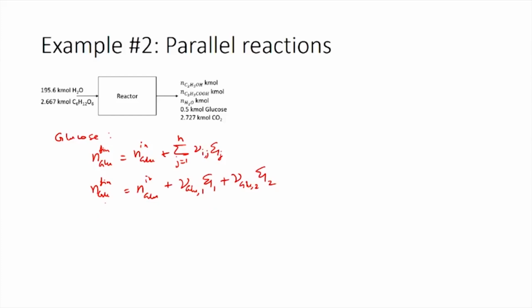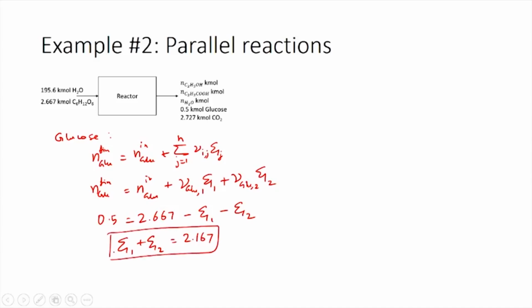Taking that into account, the balance equation would look like 0.5 equals 2.667 minus extent of reaction for reaction 1 and extent of second reaction, giving you the summation of the extent of reactions as 2.167. So, this is one equation.